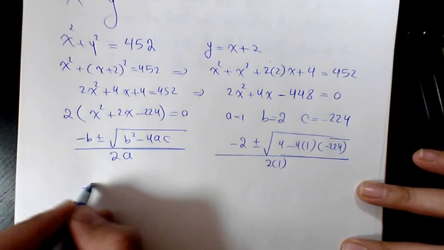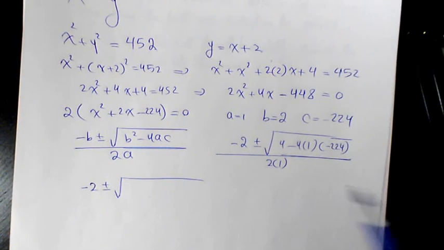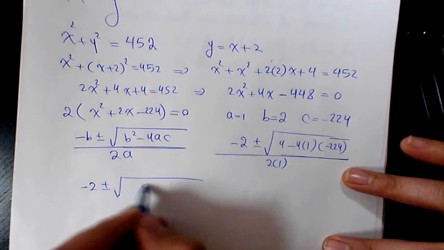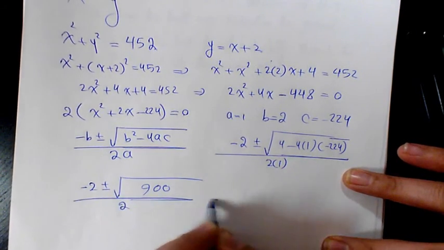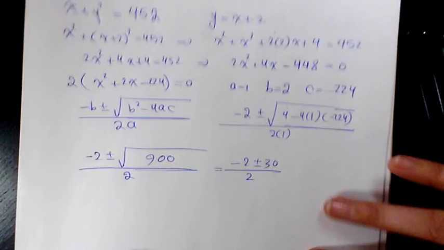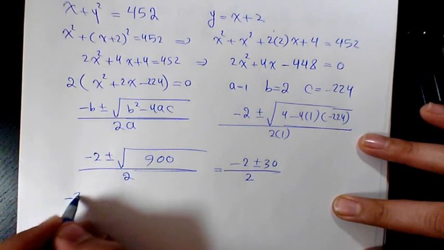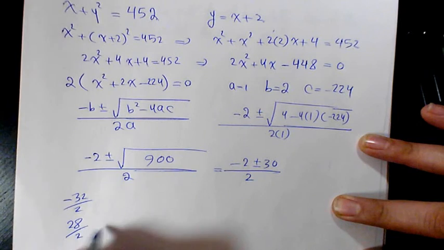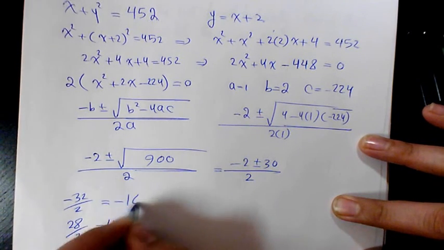That's negative 2 plus or minus the square root of 4 plus 4 times 224, which is 900, divided by 2. That will be negative 2 plus or minus 30 over 2. So the answers are positive 28 divided by 2, which is 14, and negative 32 divided by 2, which is negative 16.